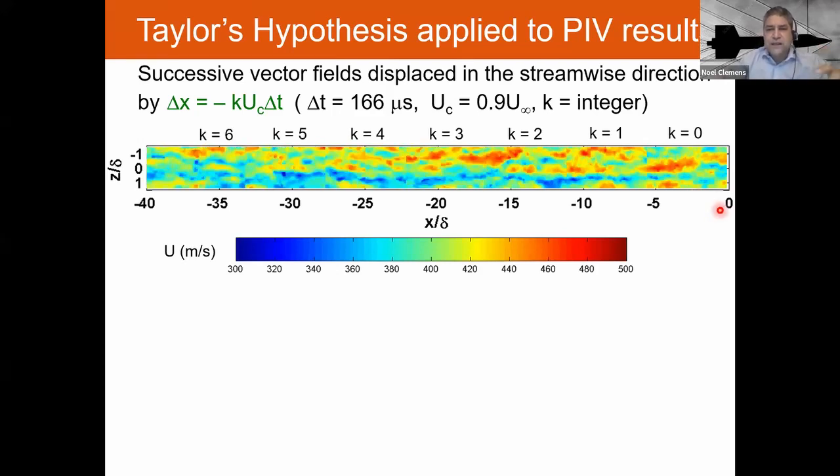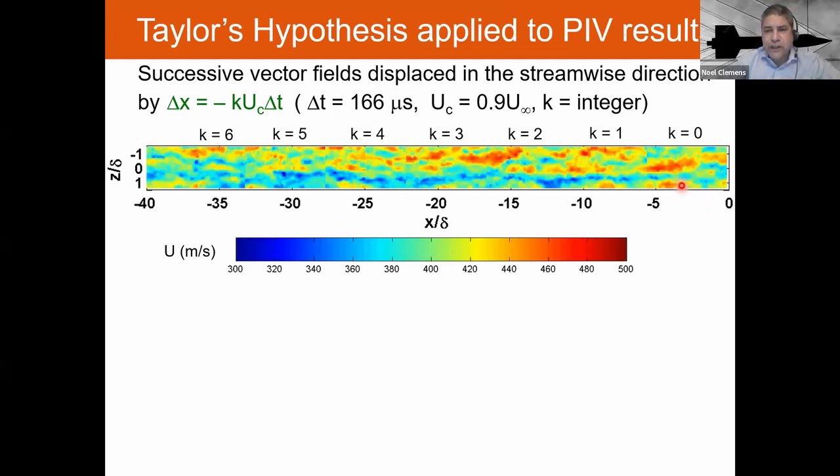Assuming Taylor's hypothesis is correct, you have a quasi-instantaneous snapshot of the upstream boundary layer structure, again in the log region. And you do get these very long, meandering, low momentum regions. This is the characteristic signature of superstructures that we're seeing in all sorts of different low speed boundary layers.